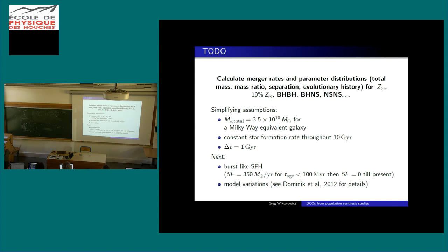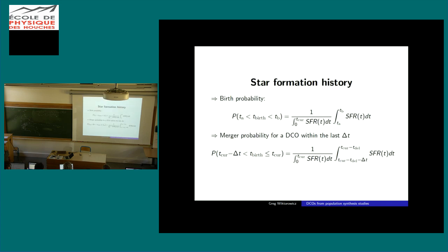Once again, these are simple assumptions, and they give us a star formation rate, but for sampling this birth time, we just need a probability distribution, so this function needs to be normalized, which is the normalization factor here.